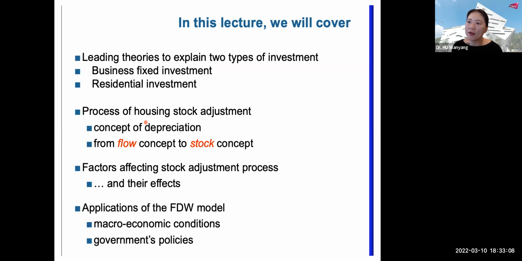And then, following our discussion on depreciation, we are going to cover the application, the factors affecting the stock adjustment process and their effects. This is also part of the story related to the FTW model.